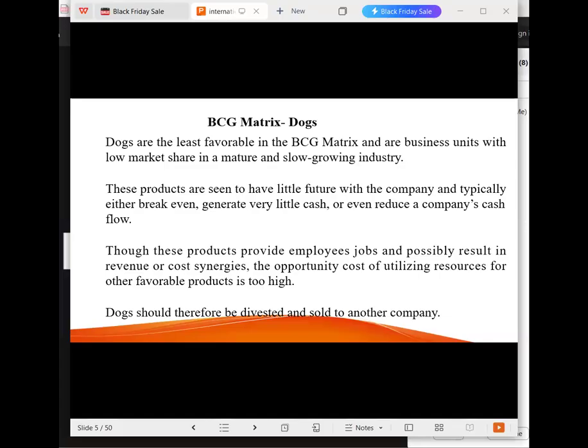One just has to manage it strategically, meaning you are not investing too much, but you're servicing only the customers you have there. One has to be careful, because you are using the investment from star and cash cow to manage dog. So that is the situation for dog.